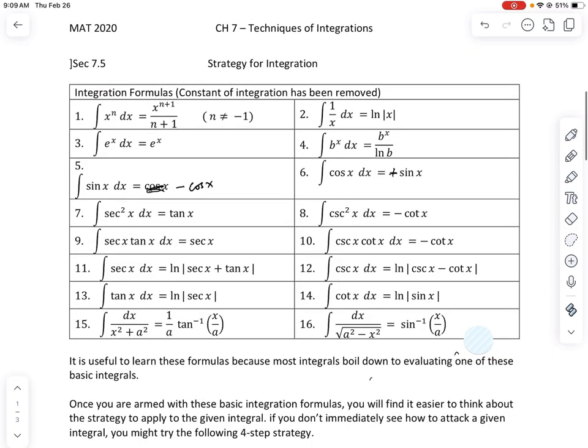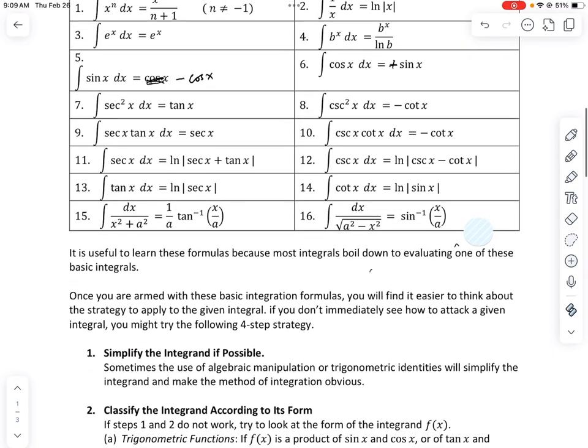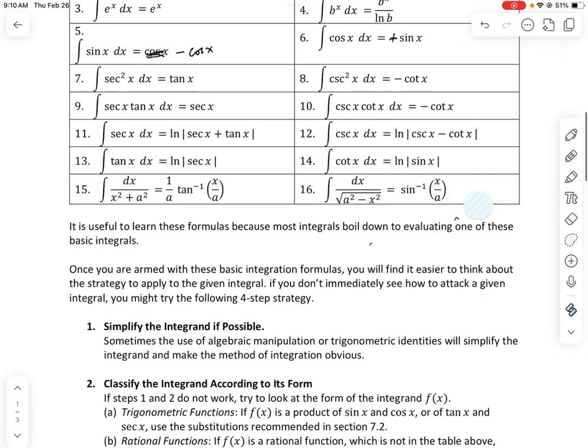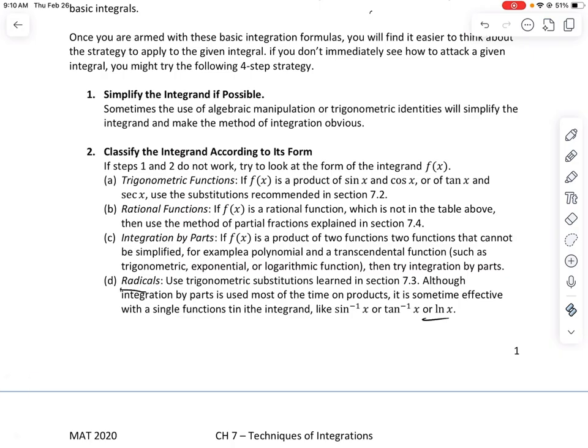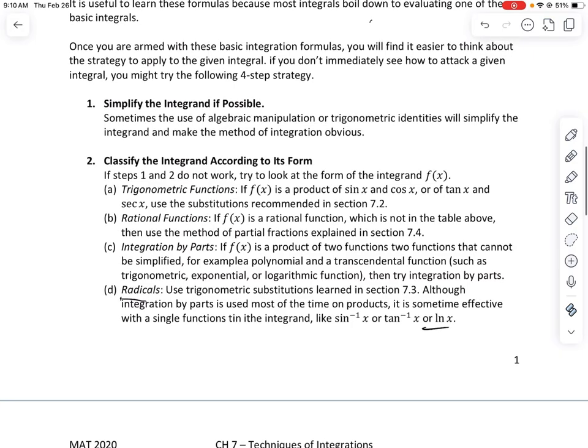Some useful tips: when you look at an integral, the first and foremost thing that should come to your mind is, can I simplify this integrand? Simplify means algebraic simplification, like canceling terms or using some trig identity or some algebraic formula. If you cannot simplify, then try to classify your integrand as some specific form.